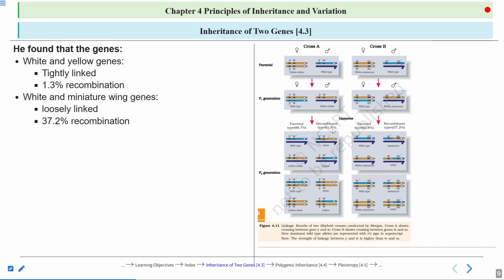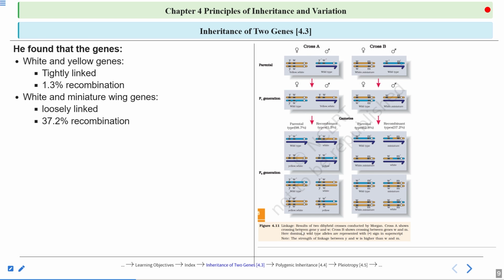In cross A, the recombinant types are only 1.3%. In cross B, the genes are loosely linked, the distance between W and M is more, and you are getting recombinant types 37.2%. So white and miniature wing genes are loosely linked as seen in cross B, and white and yellow genes are closely linked, tightly linked, as seen in cross A.